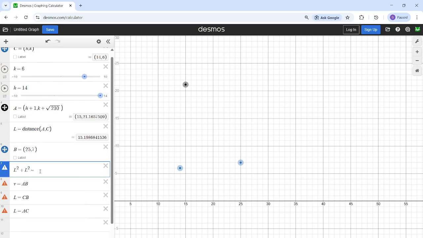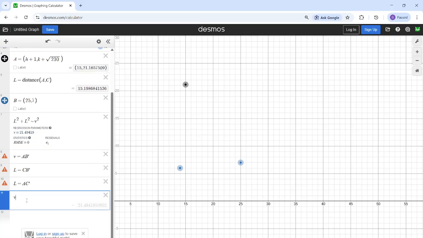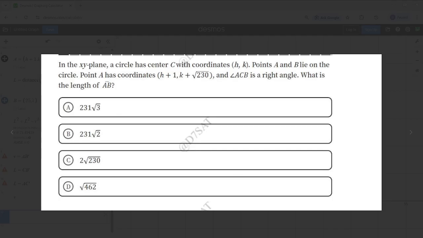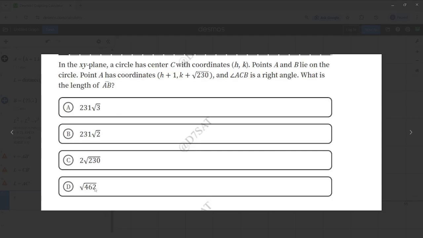Now, let's just stop these ones for a time. When we look at the value of V, which is AB, this is the value we are asked for. If we look at the answer choices, we cannot find the same value directly, because we have a lot of numbers here, and square roots.